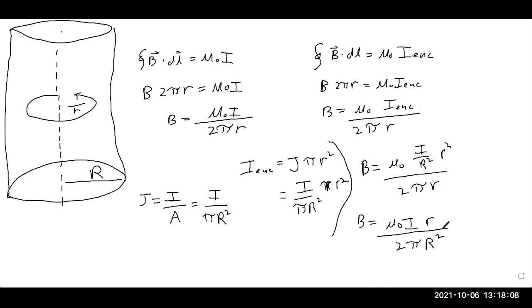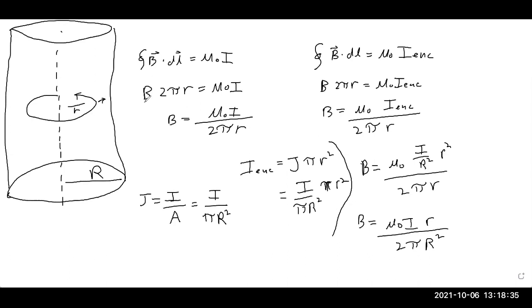So it depends on how far from the center the magnetic field is being measured. In the exact center of this wire, there would be no magnetic field. And as little r got bigger and bigger and approached the edge of the wire, more and more current is enclosed in that loop.